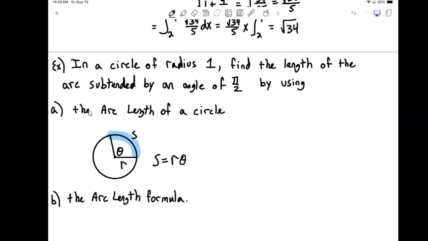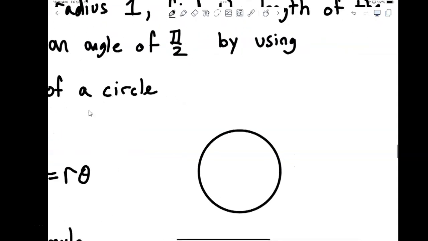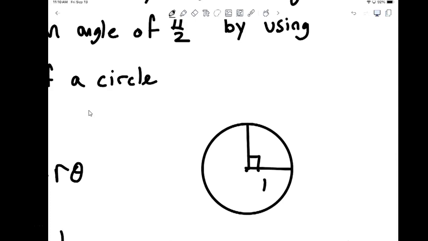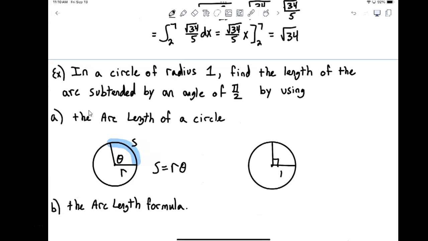S equals r theta. So if our central angle is pi over 2, in other words, draw my circle back in here, and I have my pi over 2 angle. We'll do it in the standard way for pi over 2, which would just be this angle right here, a 90-degree angle. Then the unit circle has a radius 1, that's the circle we're dealing with here.